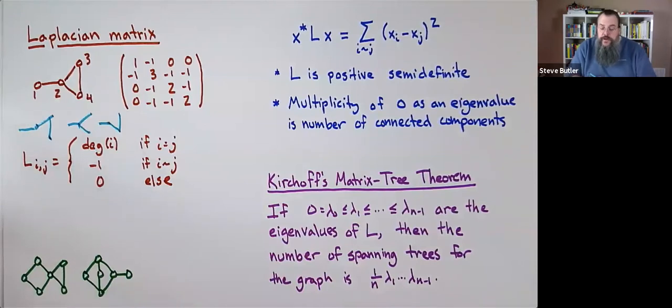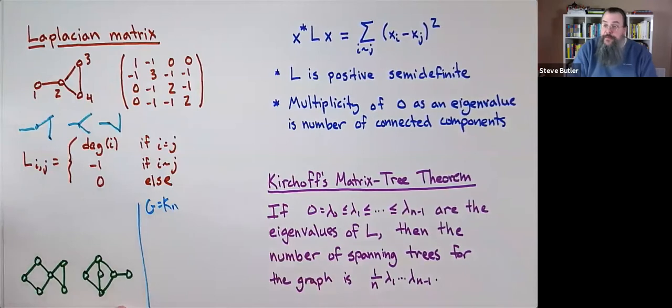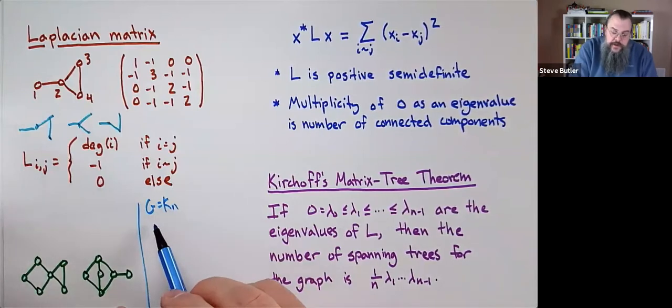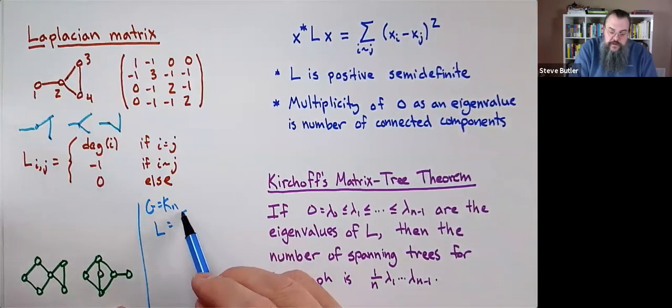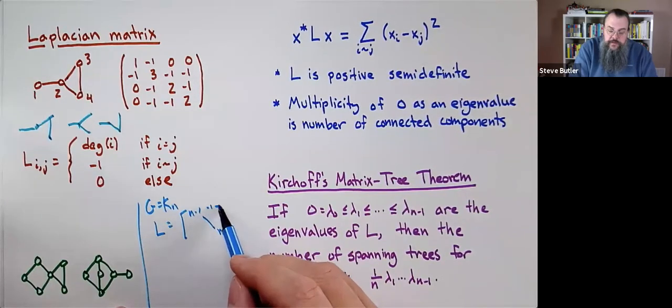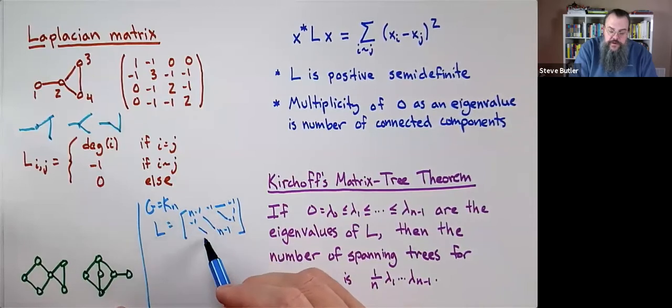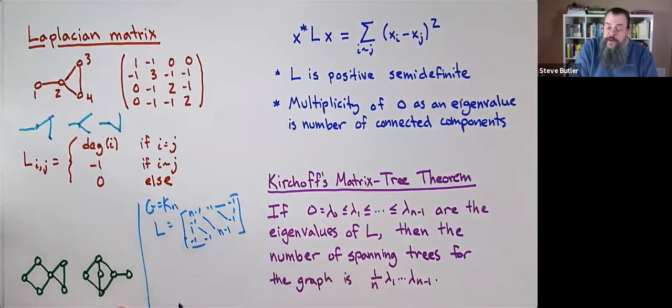And, well, can you do anything with this? There's a nice result that you can get if you look at the graph G equals Kn. For that, the Laplacian is pretty nice. It's n minus 1 on the diagonals and minus 1s in the off diagonals. So it's a very simple matrix. All right, great. Now, what's your spectrum? Well, you have 0 as an eigenvalue, and then the rest of them are n.